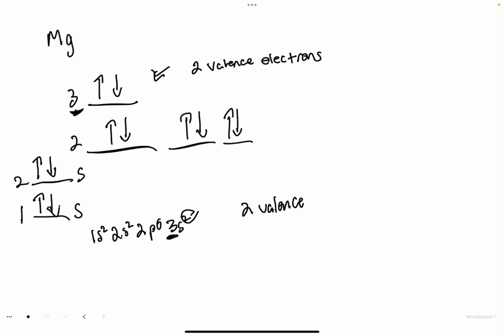You can even check on the periodic table: since magnesium is an alkaline earth metal, it has 2 valence electrons. So there are many ways to check the valence electrons, though you can use this strategy.